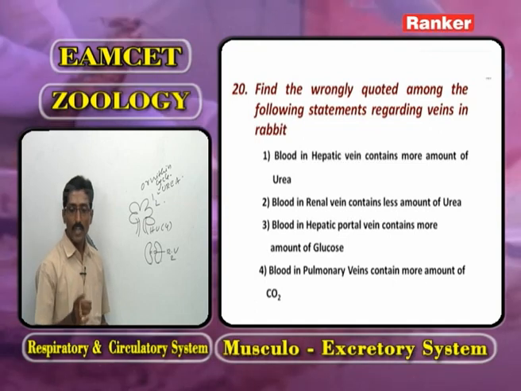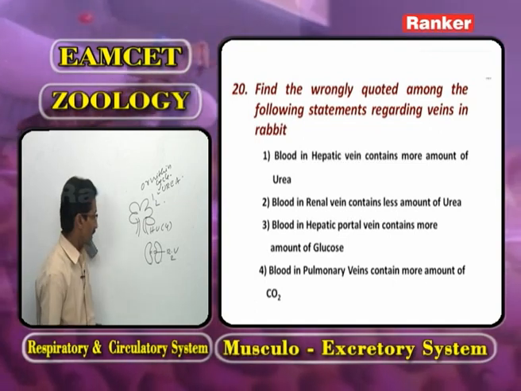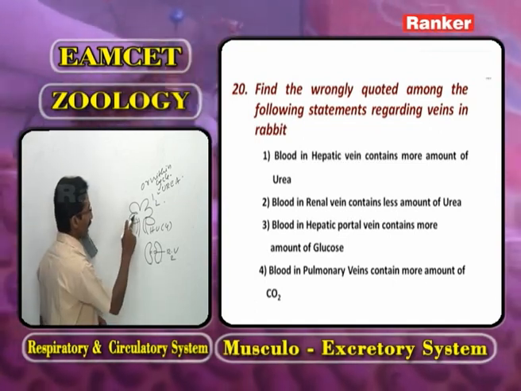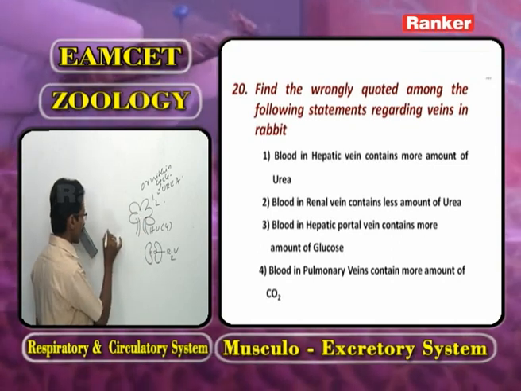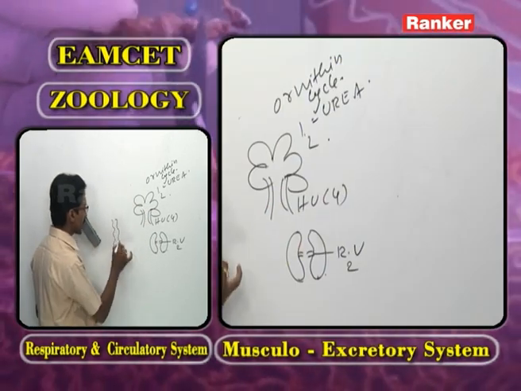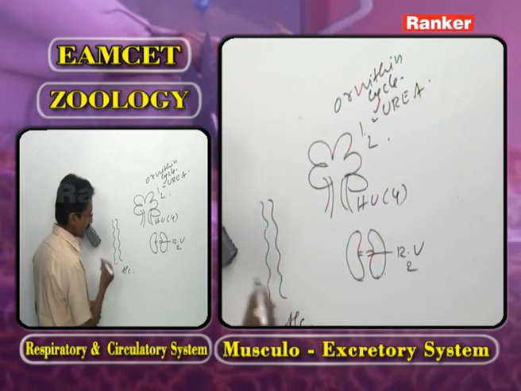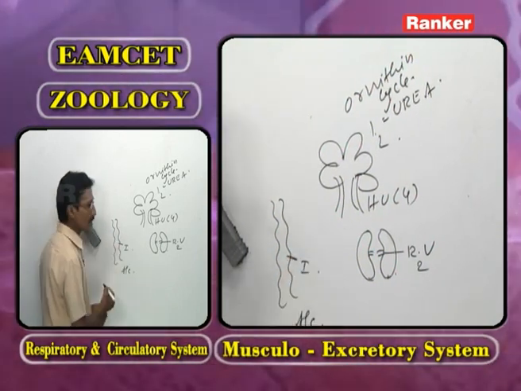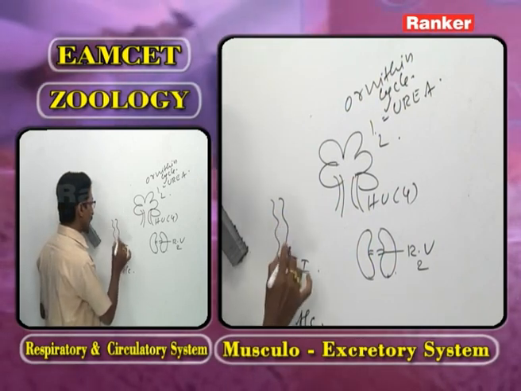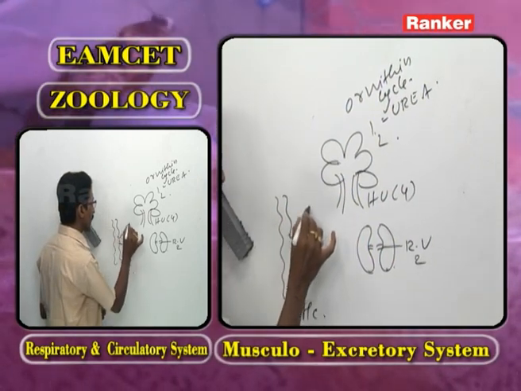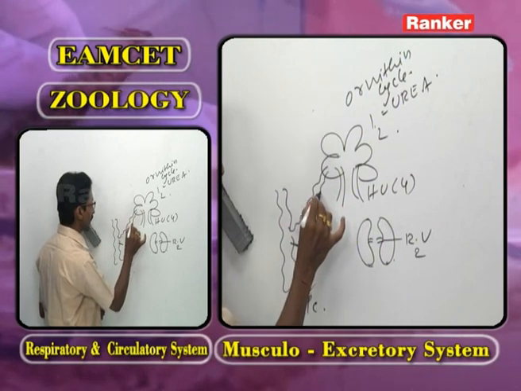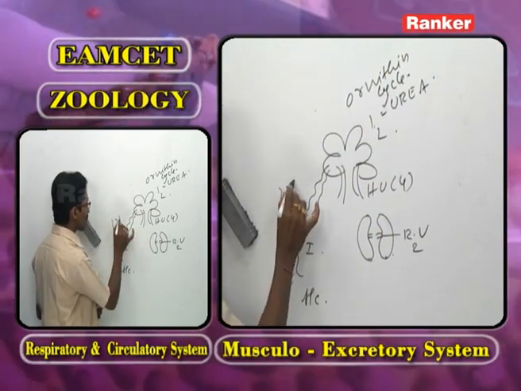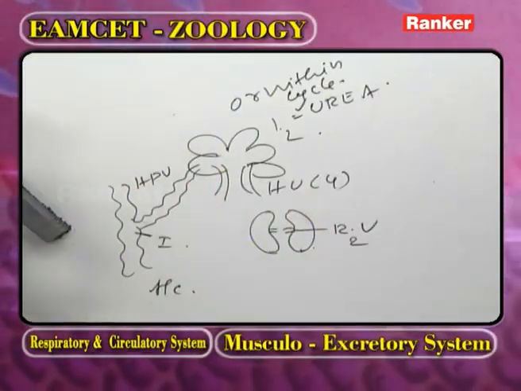Third: blood in hepatic portal vein. Now, this is the liver and this one we call the alimentary canal. In the alimentary canal, one part is the intestine. What is the connecting link between intestine and the liver? That we call the hepatic portal vein.